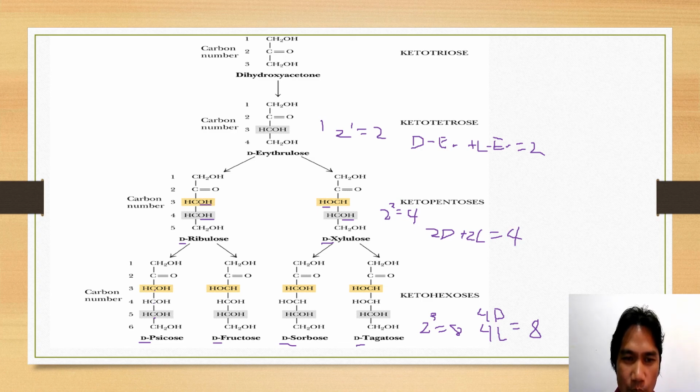You just have to place the OHs of these molecules opposite to its direction. So if it is at the right side, then we put it at the left side. If the OH here is at the left side, then we put it at the right side to get the mirror image or the L enantiomer. Alright?